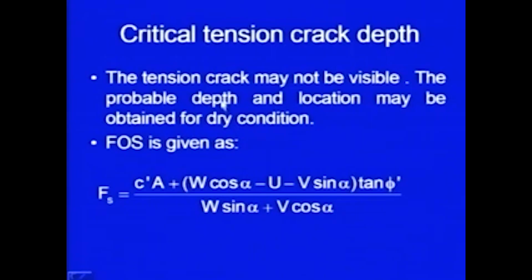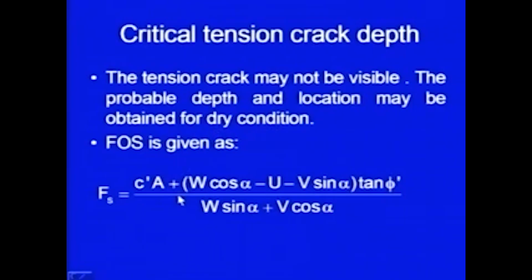So, in the previous analysis we have discussed the tension crack also, and sometimes this tension crack may not be visible. We have to assess it. So, the critical tension crack depth can also be found out. The probable depth and location can be obtained for dry condition.